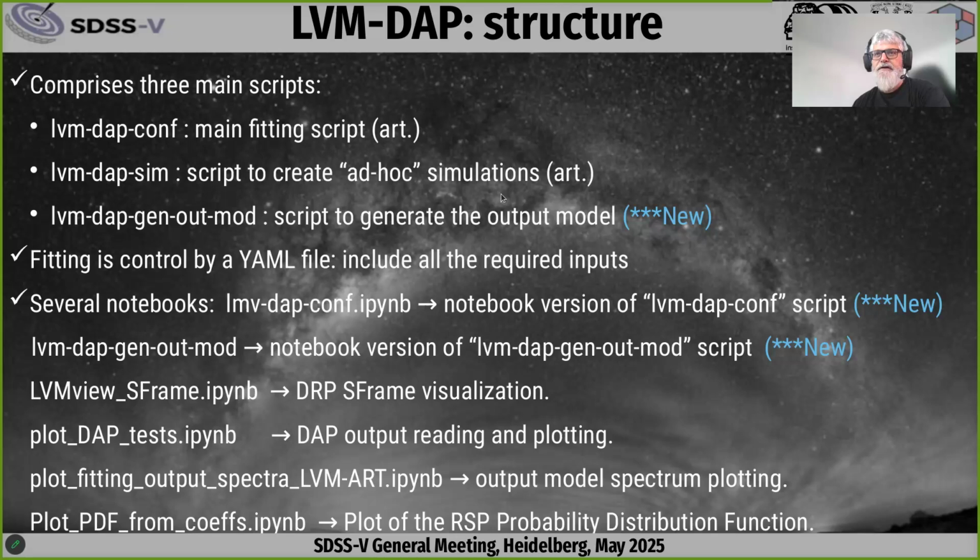We have a wide range of data in the Local Volume Mapper in the current reduction, with very different degrees of quality depending on which target you are sampling, the sky subtraction, particularities of the night, and so on. So I strongly recommend that you repeat the simulations that are included in the article when you are dealing in particular with low intensity stellar components or low intensity emission lines, to understand with these ad hoc simulations what you can trust and what you cannot trust.